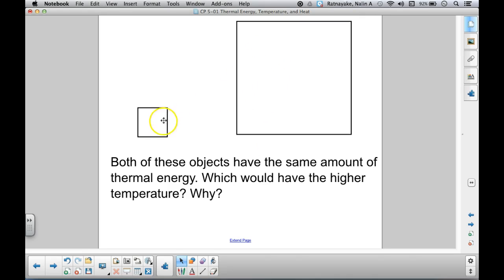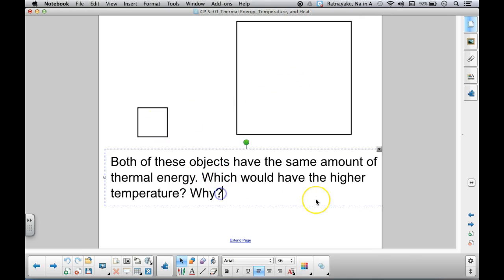So both of these objects, I have a small object and a large object. We are told that they have the same amount of thermal energy, which would have the higher temperature? So imagine all of this energy. It's the same amount of energy. Let's say it's 100 joules, whatever it is. And 100 joules over here concentrated in far fewer molecules than 100 joules over here.